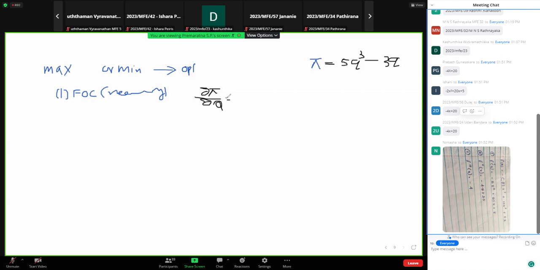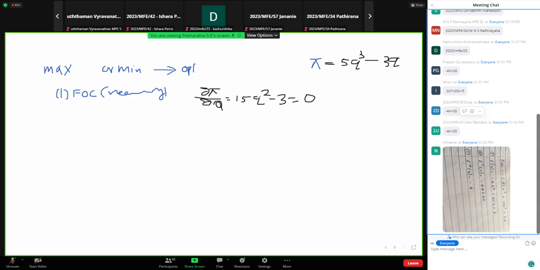When you differentiate this, you multiply by 15 here, giving 15q² minus 3. Set it equal to zero, then get the value of q.